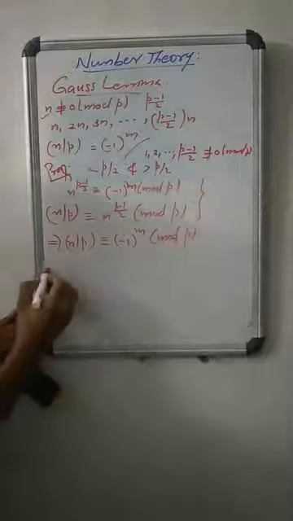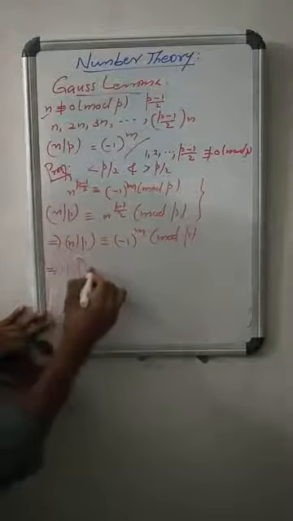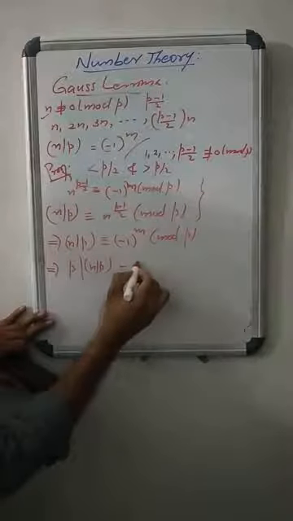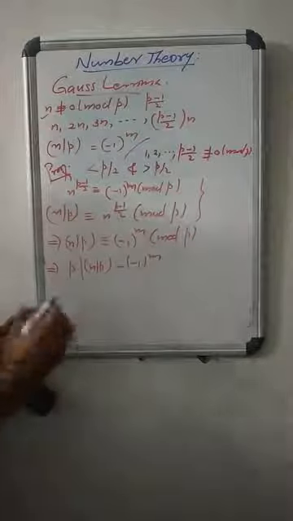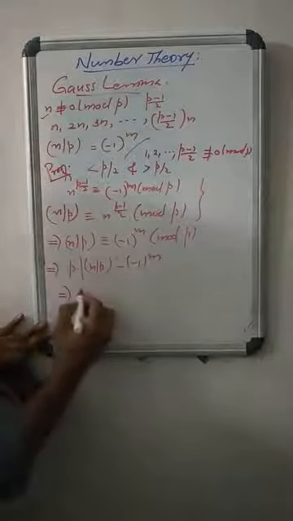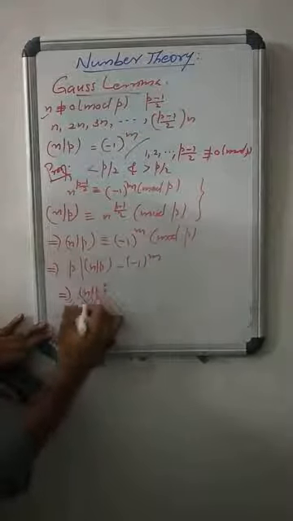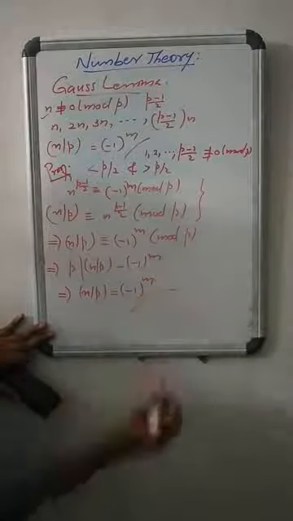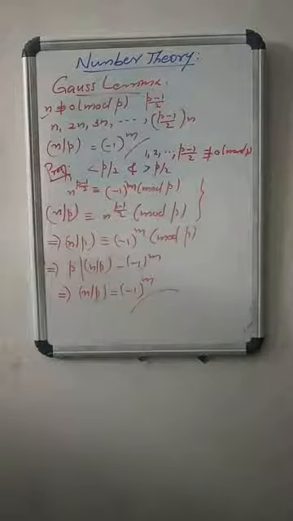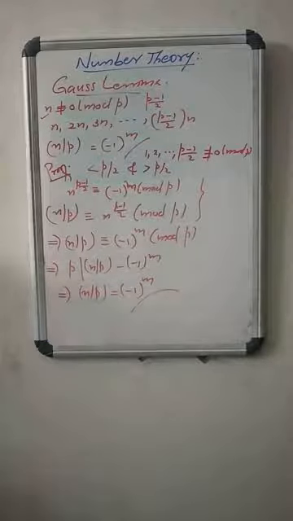Agree? That means P divides (n/P) minus minus 1 power m. But what is P? P is an odd prime. This is possible only when the difference is 0. That means (n/P) minus minus 1 power m equals 0, so (n/P) equals minus 1 power m. This is Gauss's lemma.